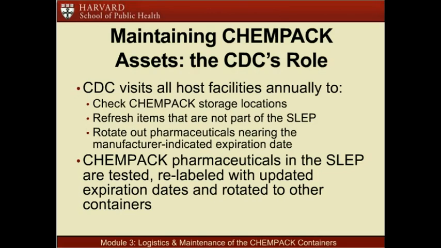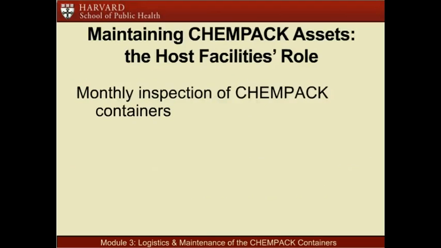Data obtained from the Sensaphone in each container provides the necessary environmental history to the FDA to allow shelf life extension. Host facilities are responsible for conducting monthly inspections of the CHEMPACK containers, using a checklist provided by the Connecticut Department of Public Health.